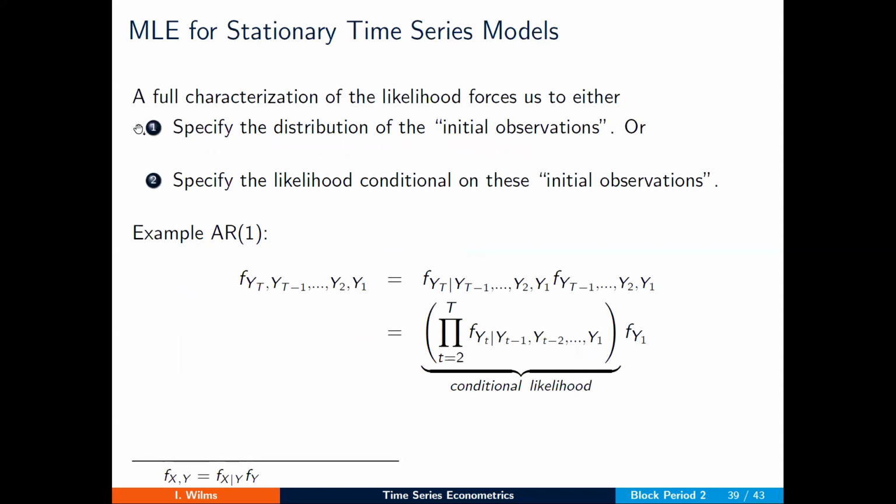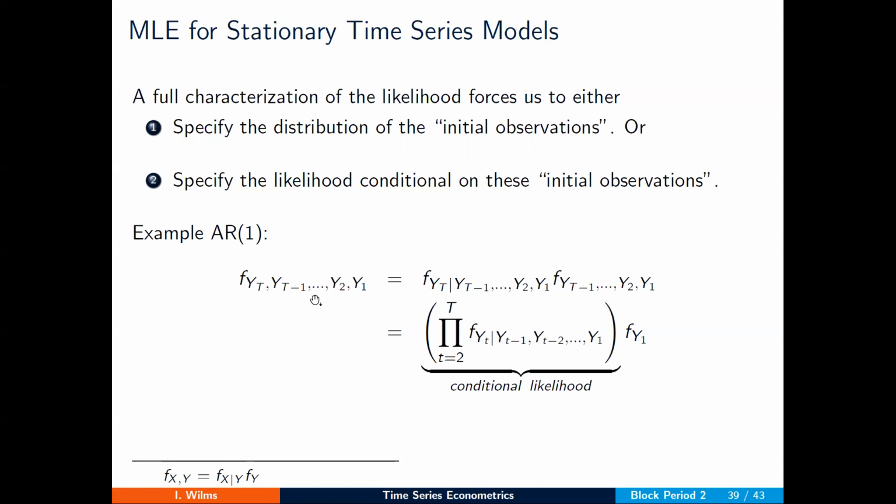Now, how does maximum likelihood work for a stationary time series model? Well, let's have a look at the example of an AR(1) case. We need to start from the joint density. And here in this formula, I will make use of this formula at the bottom over here, which re-expresses the joint density of two random variables as the product of the conditional density and the marginal density.